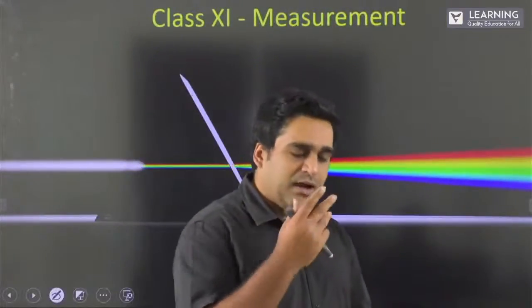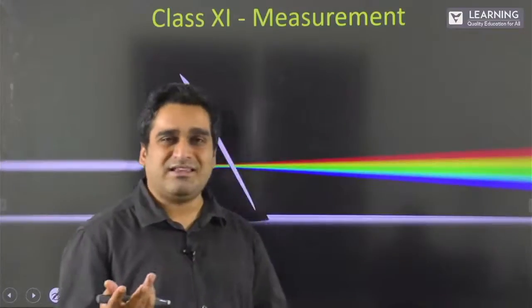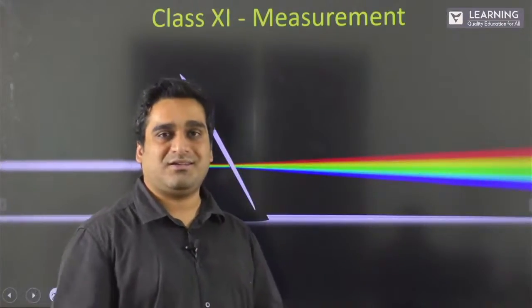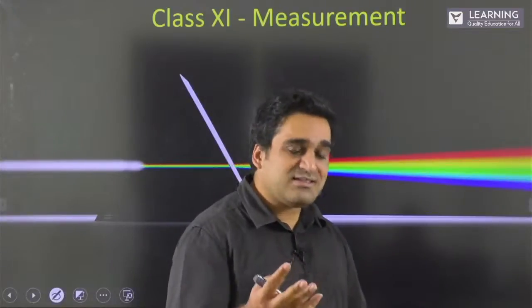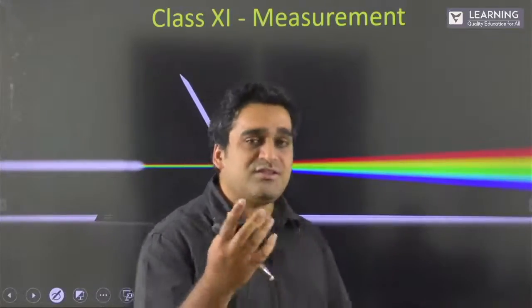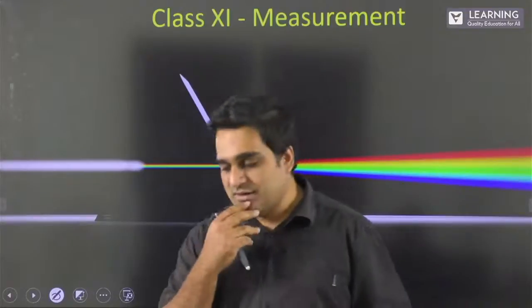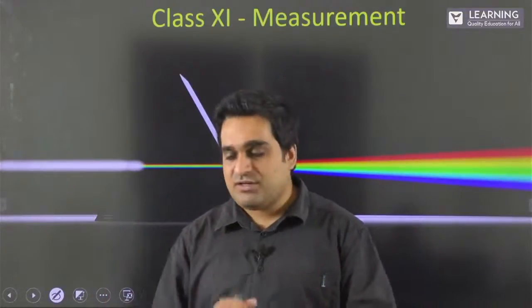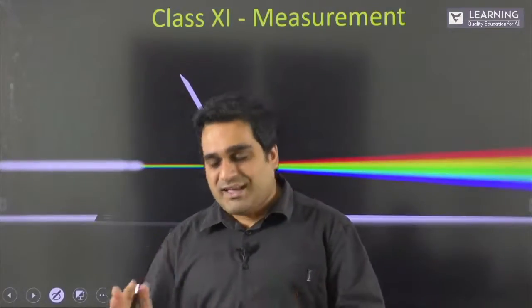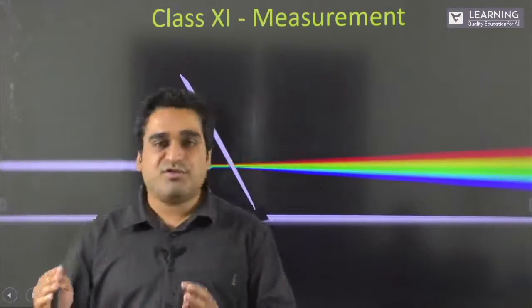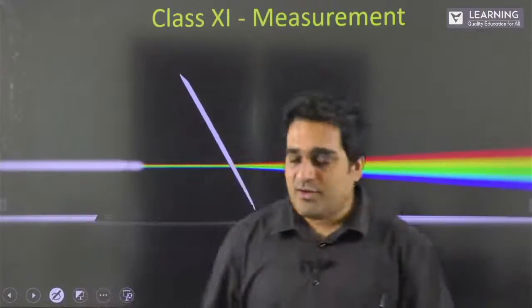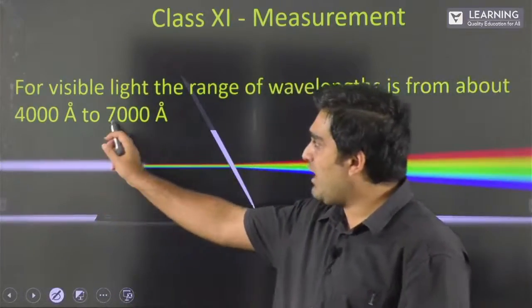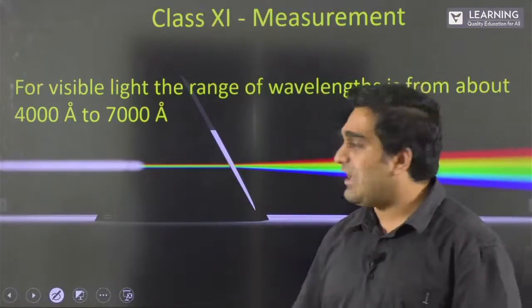Now, a bacteria, fine. Is there anything else smaller than that? Yes, light. Light has a certain wavelength. These wavelengths also have a certain range, a certain scale that we have to determine by. The scale for visible light is of the order of magnitude 4000 angstrom to 7000 angstrom.